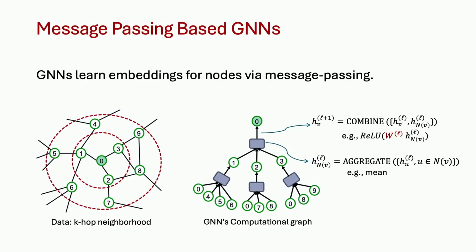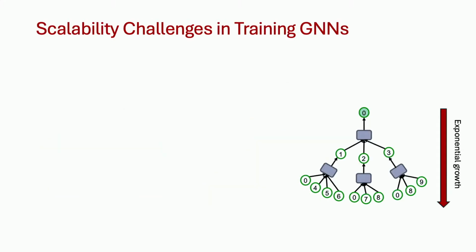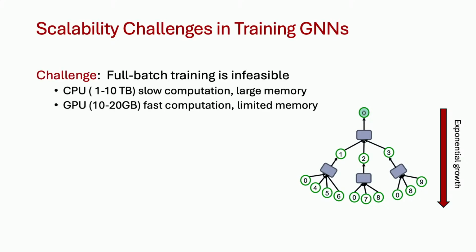As you can imagine, as I increase the number of layers in these message passing based algorithms, the size of this computational graph, on the right, is going to grow exponentially. That's the main challenge with large scale graphs: I cannot just do full batch training, because of the computational limitations of the hardware.